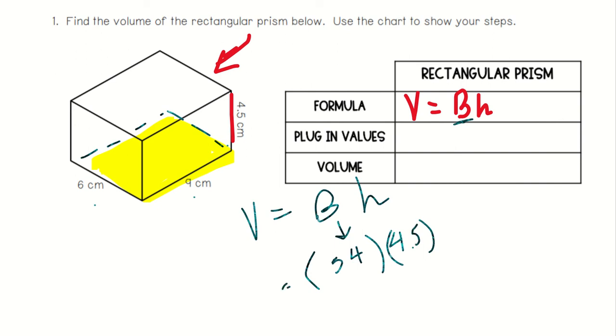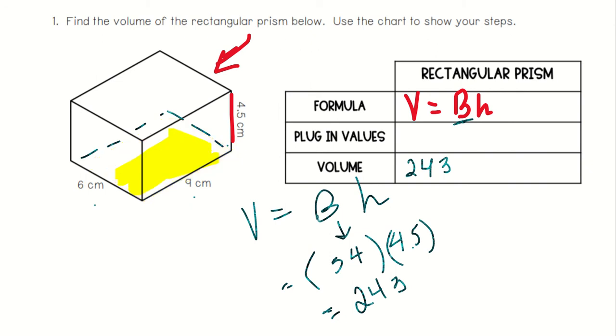You would multiply that to get your final answer. So 54 times 4.5 is 243. Okay, make sure you wrote that down and keep that in mind.